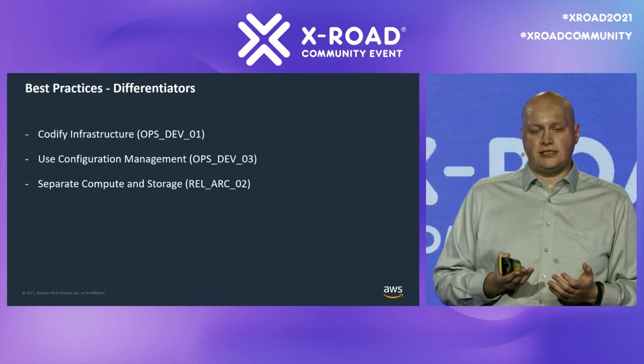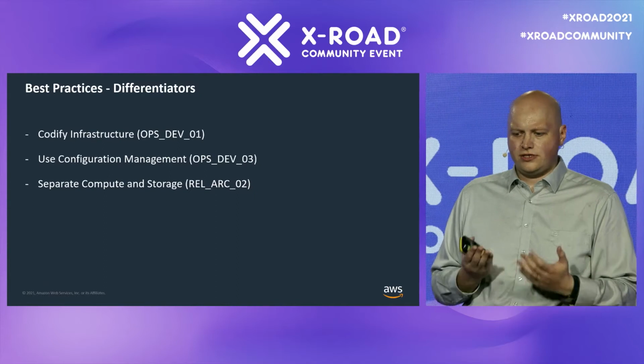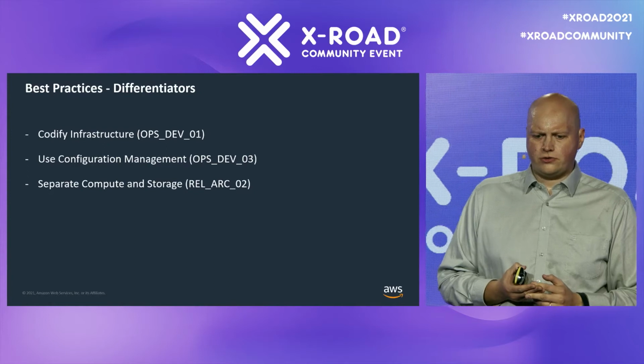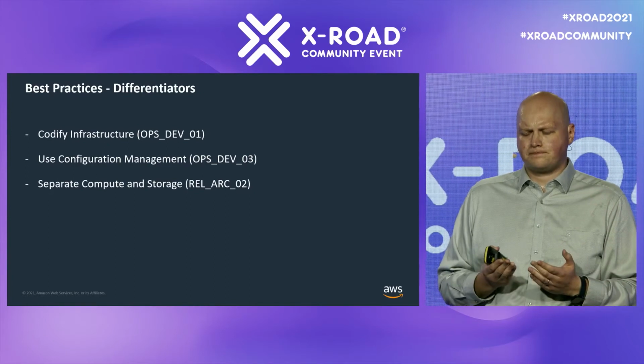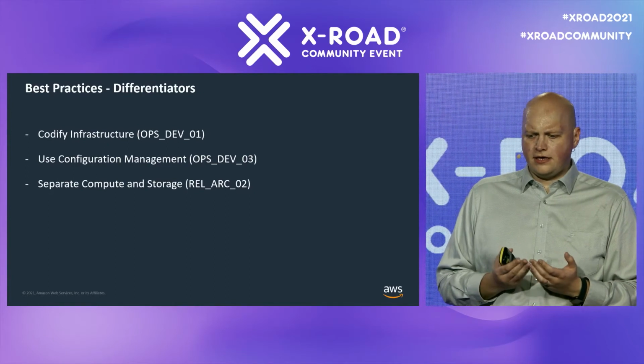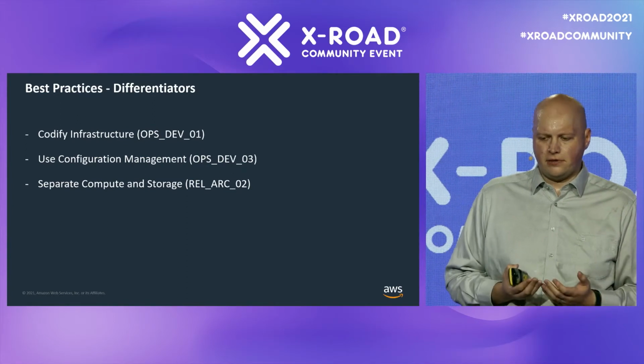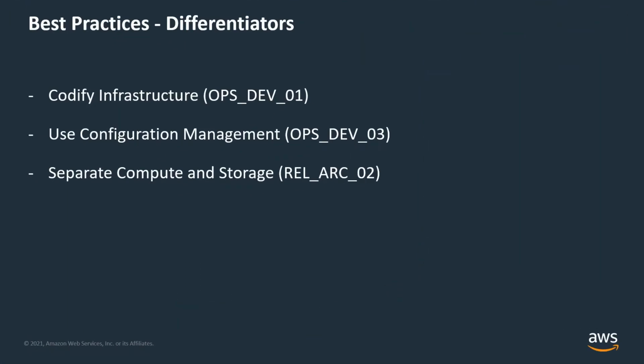Separating compute and storage is something that is really tricky to do in traditional IT environments, especially when you're not working at a large scale. In cloud, because everything is natively decoupled, you can scale your computational infrastructure, for example your virtual servers, separately from your storage, for example your block storage, your object storage, or your databases.